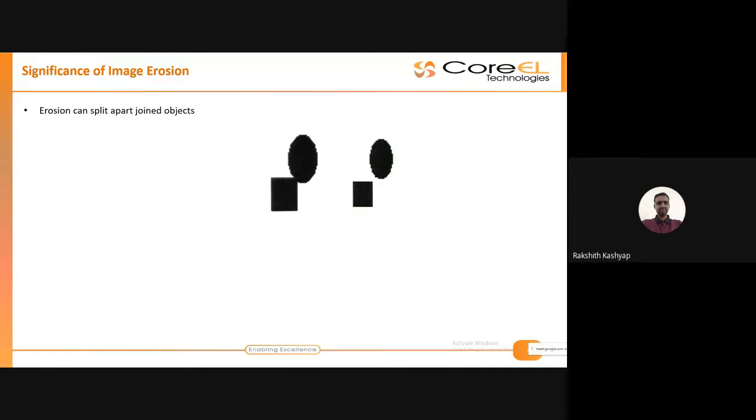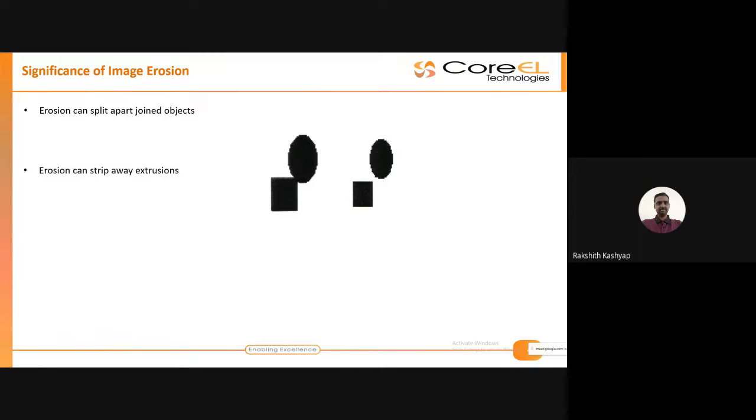In order to differentiate both the shapes, you may have to separate both the objects, right? So in order to do that, we can easily erode those objects and create disjointment in those objects. Whenever you want to split different objects in any binary image, we can use the erosion operation to achieve that.